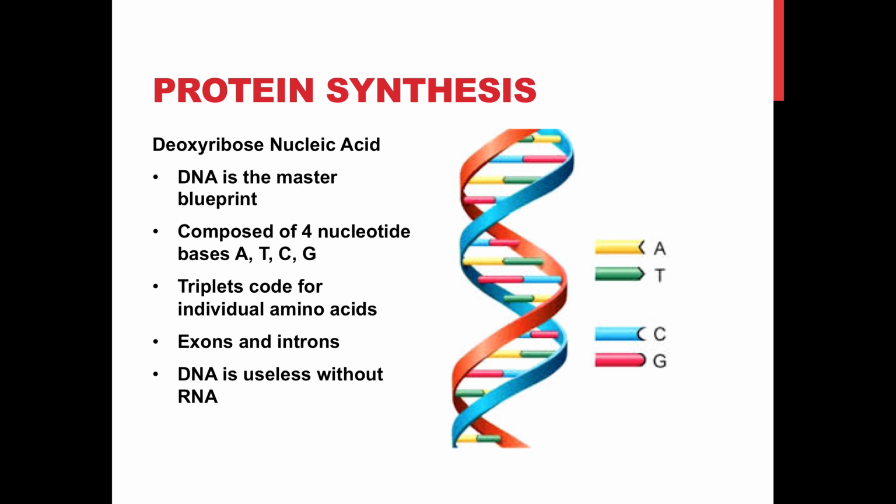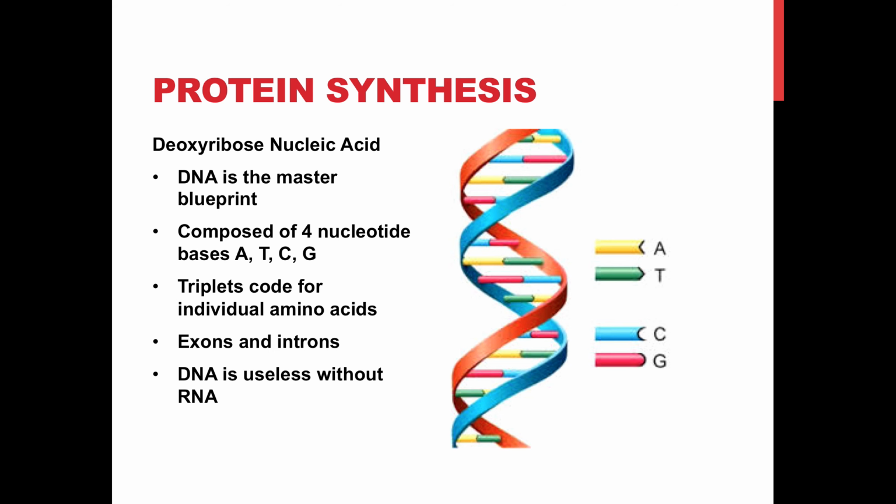All right, so this is just saying that these nucleotide bases code for certain amino acids. Every sequence of 3 nucleotide bases is a code for a certain type of amino acid. The order that these amino acids are coded for in the DNA determines the structure of the protein.